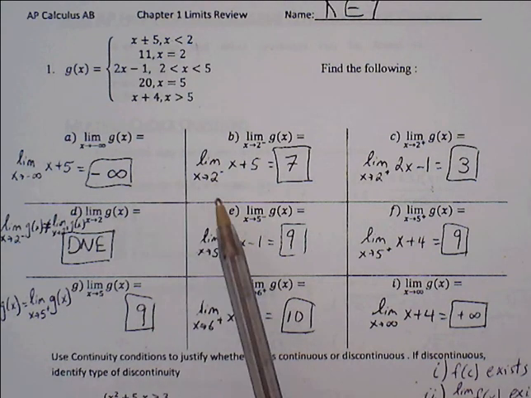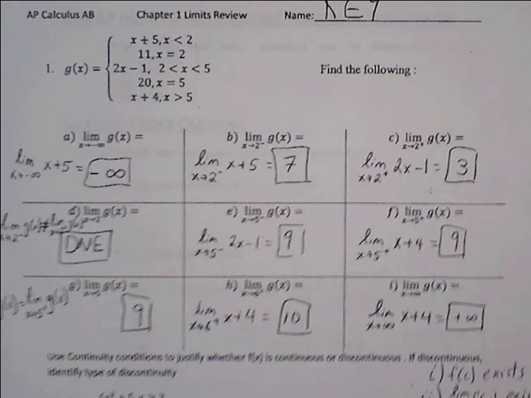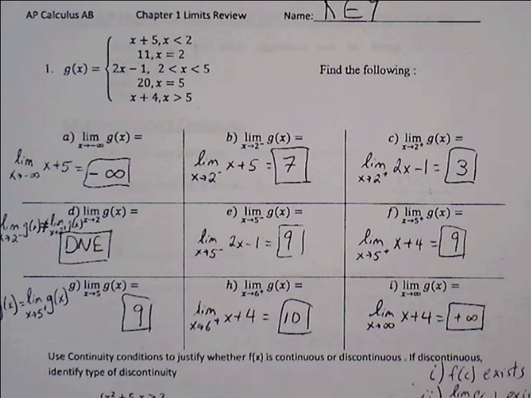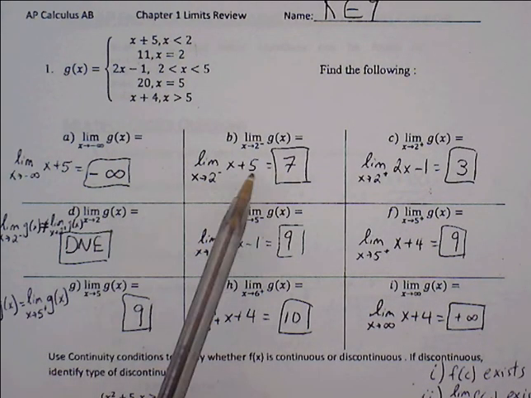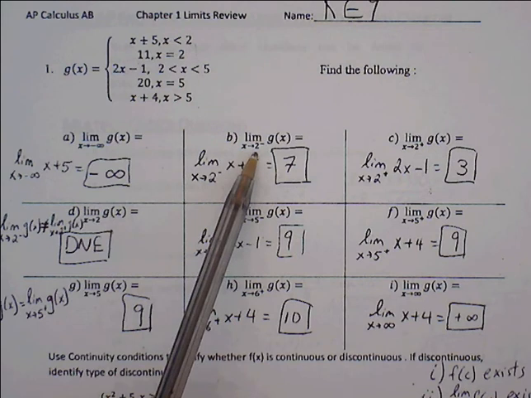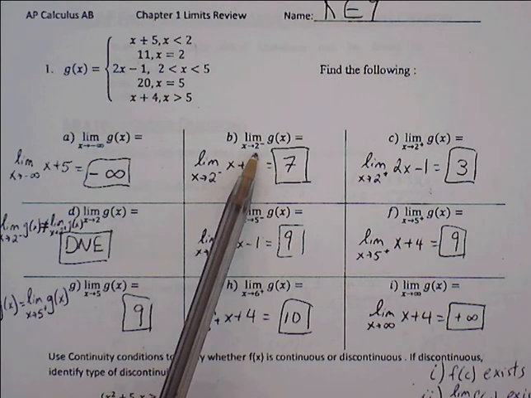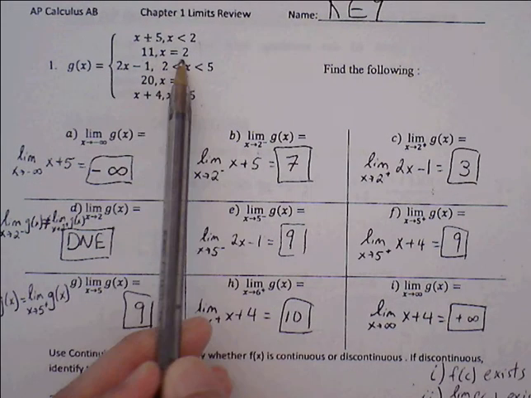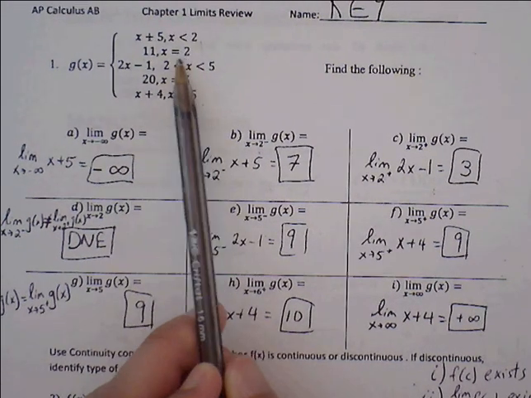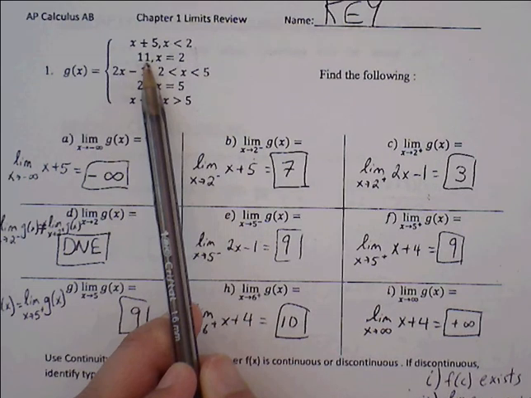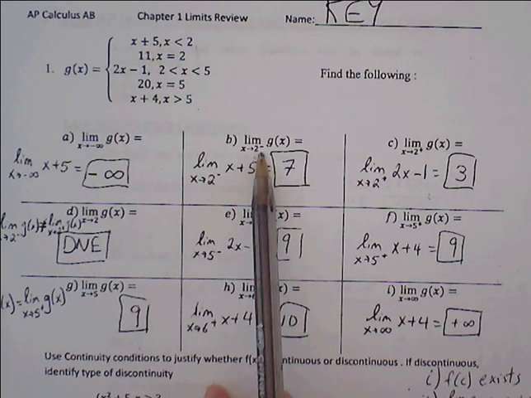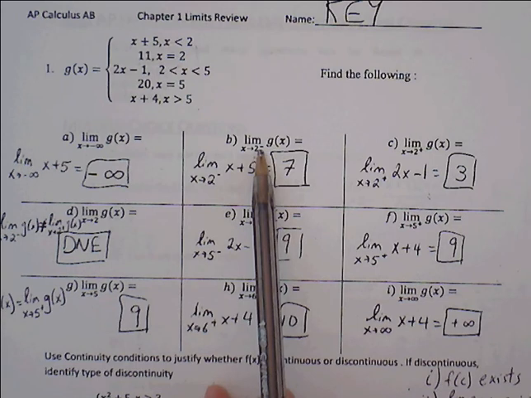Okay, part B, limit as x approaches 2 as a one-sided limit, x approaches 2 from the left side of 2. Sometimes the tendency is to just look directly at where the ordered pair is and provide the answer. But here we're only looking at the limit from the left side of 2.